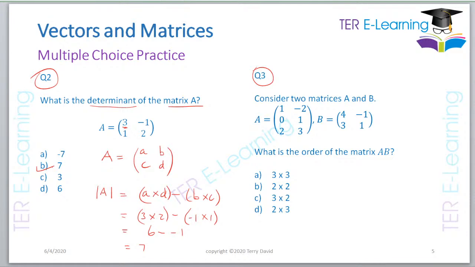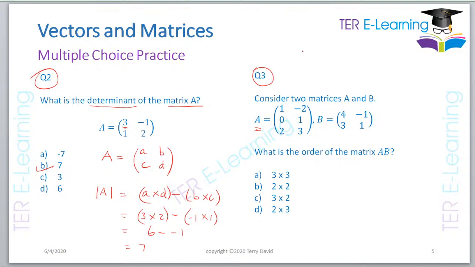So what is the order of the matrix E? All right, so I'm seeing Del and Terry saying 3 by 2. It's a 3 by 2 matrix. So we're talking about the matrix A here.